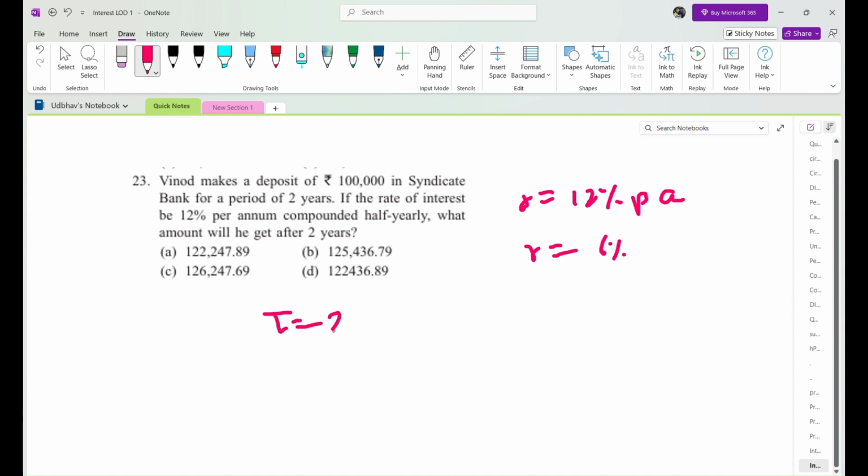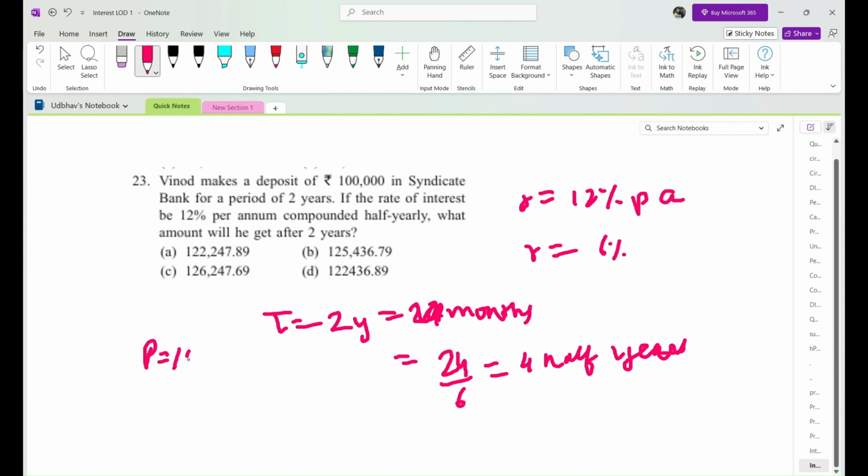Total time is 2 years, that is 24 months. How many half years are there? 24 upon 6, 4 half years.